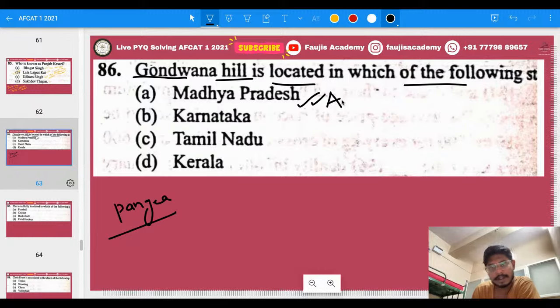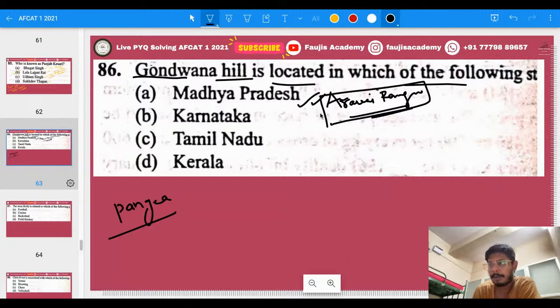Aravali ranges. Okay, Aravali ranges is one of the oldest mountain ranges of the world. And this Aravali range was formed, why?